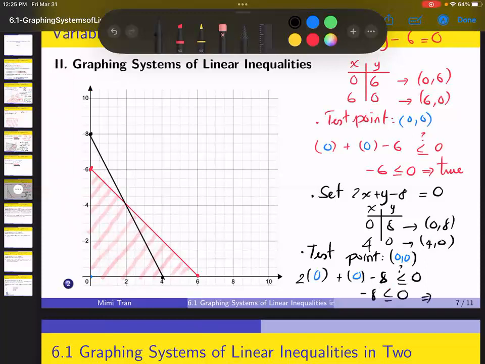Yes, right. True. So you shade that side again, that 0, 0 side. Now you get the solution, it's the intersection.